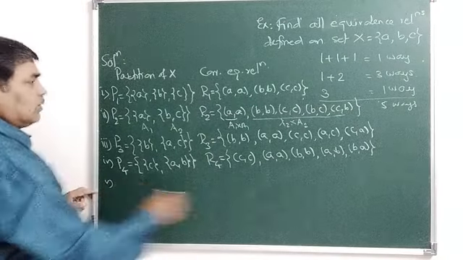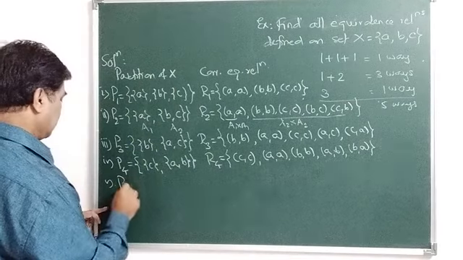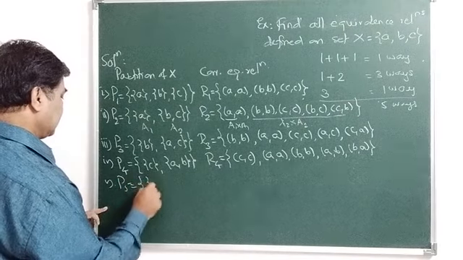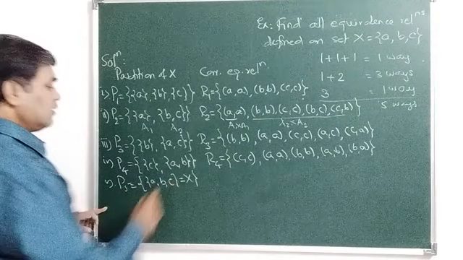And P5 is the whole set, the 3 element set A, B, C, which is nothing but the X set.